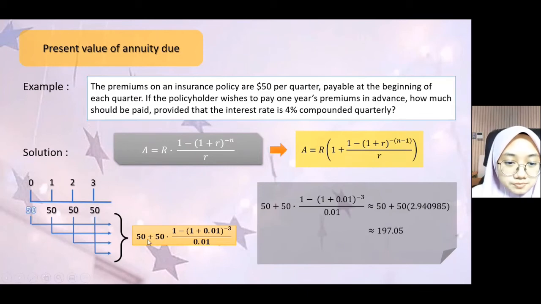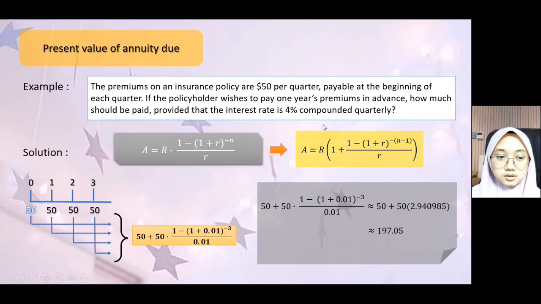As we can see, there is 50 in the orange box. Firstly we have to add the 50, which is the first payment, and then add the annuity that has been substituted in the formula, because the first payment is also included in the annuity due formula.